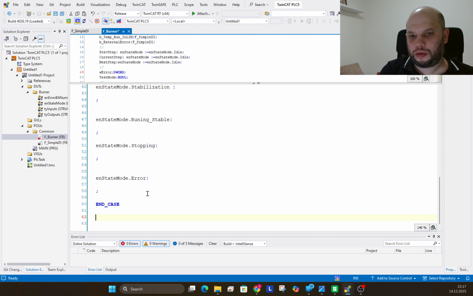So to use the steps, mostly I'm using this kind of structure.